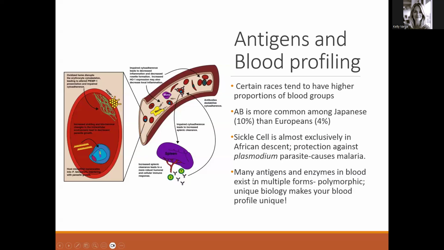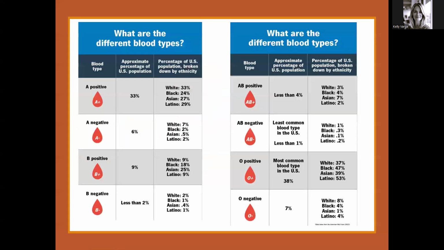We also see that many antigens and enzymes in the blood exist in multiple forms. We call this polymorphic. Poly meaning many, morphic meaning many different varieties of, right? Your unique biology makes your blood profile extremely unique. So, again, I'm not going to expect you to know this per se. I'm showing you this simply to state research has been done on this.